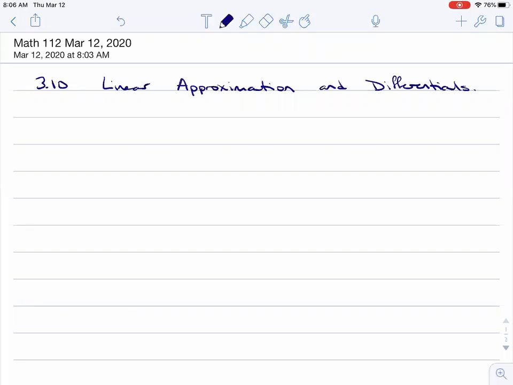So the problems that we're going to have to do are going to be on linear approximation. I'll just introduce differentials, mostly because once you go into Calc 2, we'll use those a lot. And so they'll kind of reintroduce them quickly, but it'd be nice if you've seen them once before.